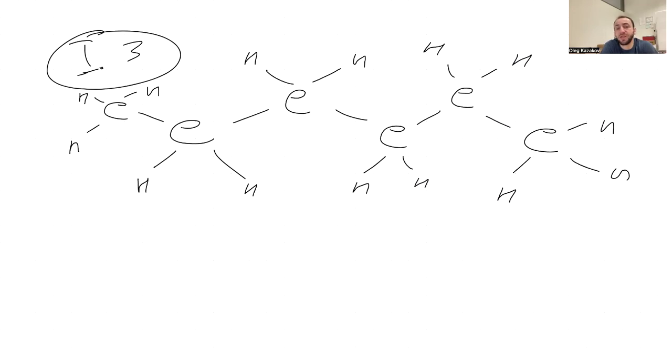We have lots of CH2s in the middle, and then on the edges we have CH3, right? CH2 makes 2 C-H bonds, and then it makes 2 carbon bonds. CH3 makes 3 C-H bonds and then 1 carbon-carbon bond. Now this is going to be our expanded structure. That's going to be called the expanded.